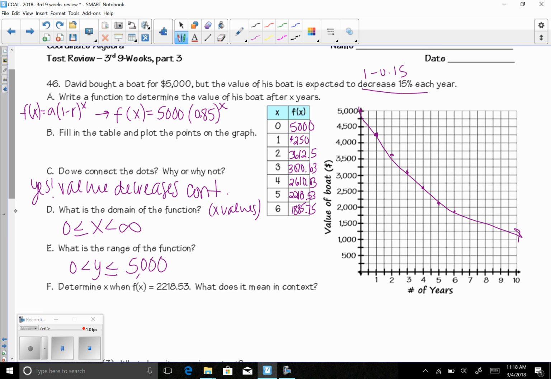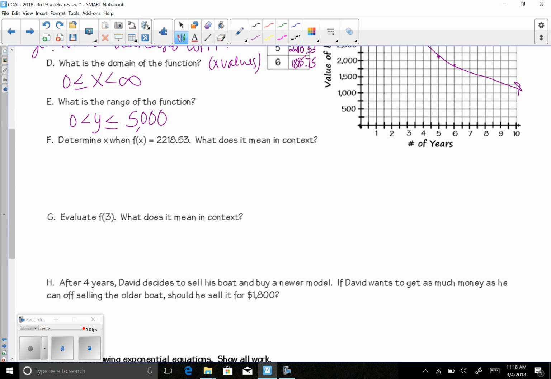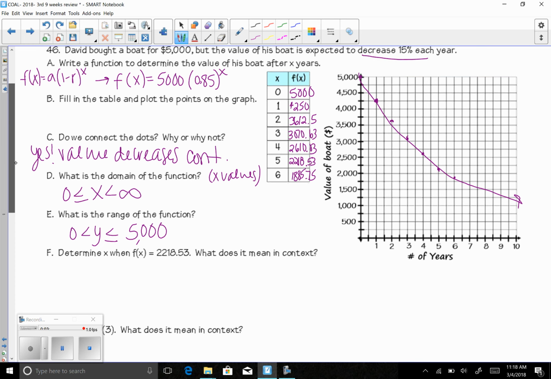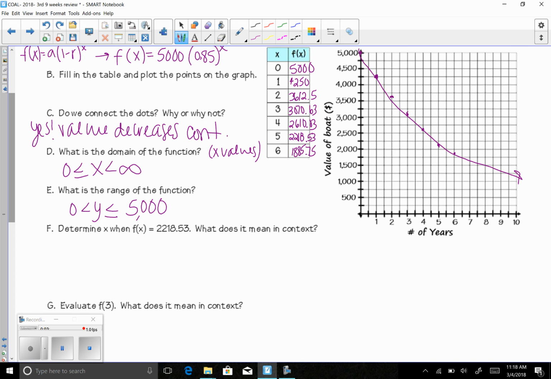So determine x when f of x is $2,218.53. We go back and look, and that's at 5, right here. So that's f of 5. f of 5 equals $2,218.53.